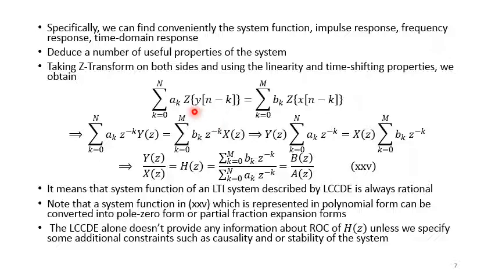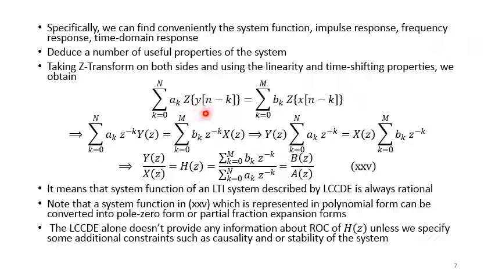Also, using the time shifting property, which we have done already, if we shift the signal in the time domain, in the Z domain it is simply multiplication by z raised to the shift factor. Here, because k has a positive value, n minus some positive value means you are shifting it to the right.